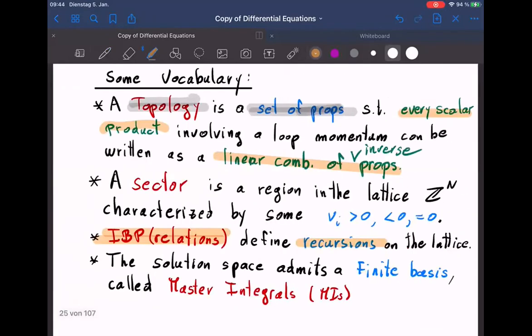Another word that you often see when you read about these IBP relations is this concept of a sector. A sector in this IBP language is simply the region on this lattice where these exponents have a definite sign. For example, where nu1 is positive, nu2 is negative. That would be a sector.